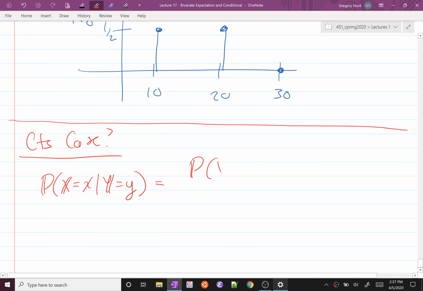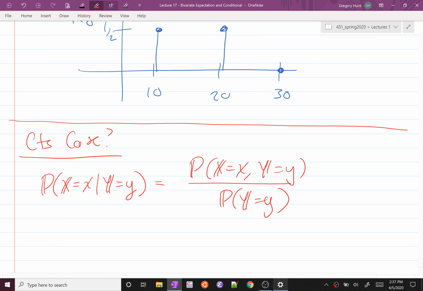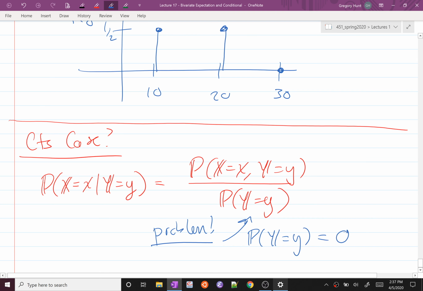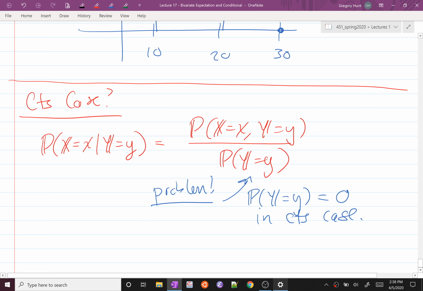Before, we just said probability x is x and y is y over probability y is y. The problem now is that the probability y is equal to little y is 0 in the continuous case. So we can't define it this way; it formally fails.